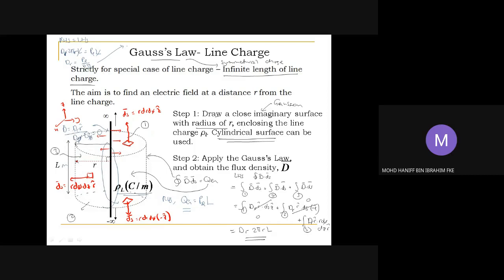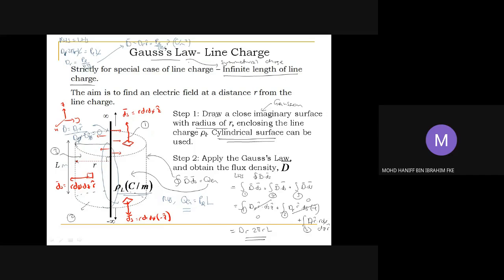So from this, we can write that the vector D will be Dr in the direction of r, and subsequently, knowing that Dr is rho L over 2 pi r, we're going to have rho L over 2 pi r in the direction of r, in coulombs per meter squared.